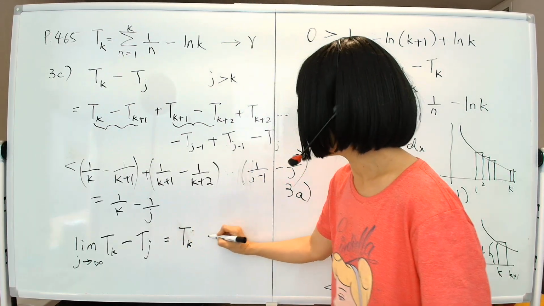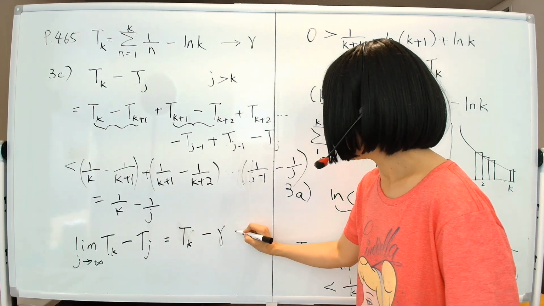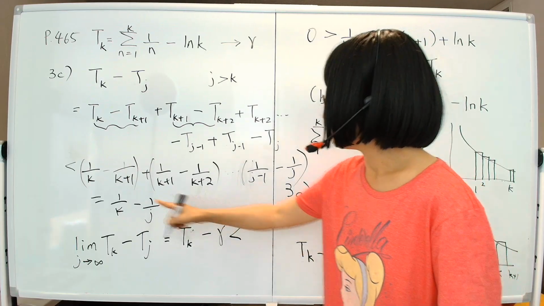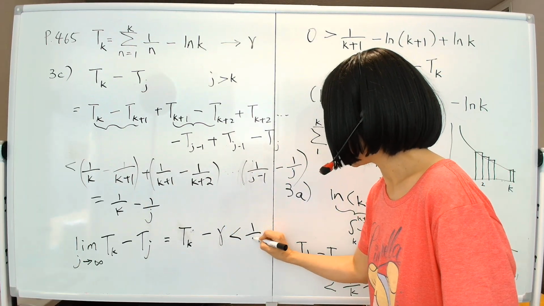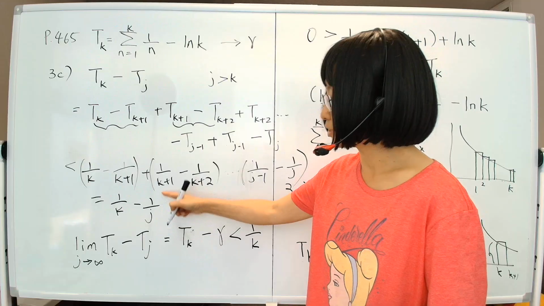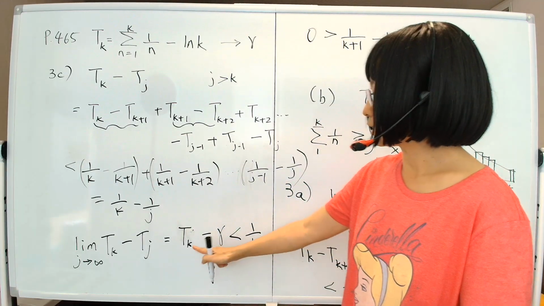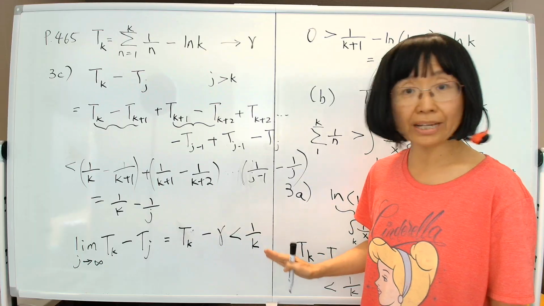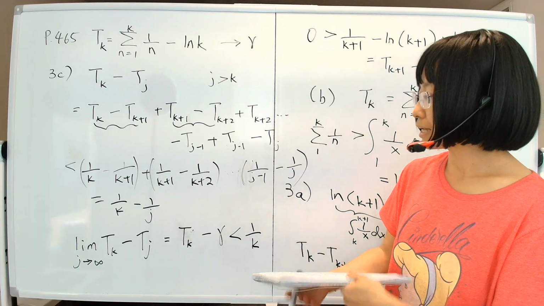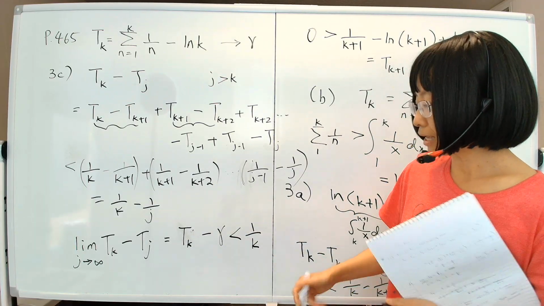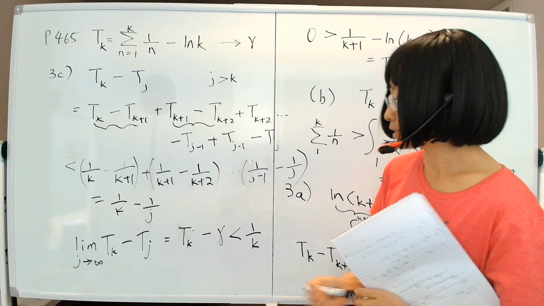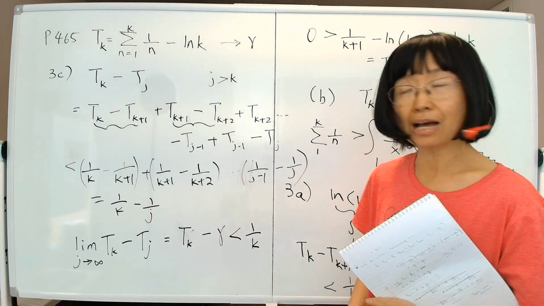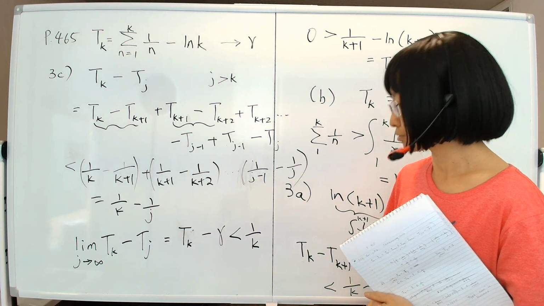As j goes to infinity, this goes to gamma, and that is going to be less than 1 over k, because k doesn't change. And then as j goes to infinity, that becomes 0. So tk minus gamma is less than 1 over k for all k, which means that as k gets bigger, you can approximate gamma by figuring out what tk is, calculating the partial sum.